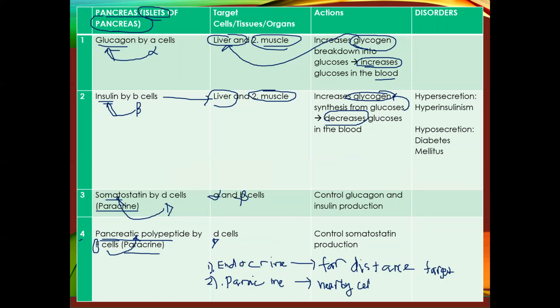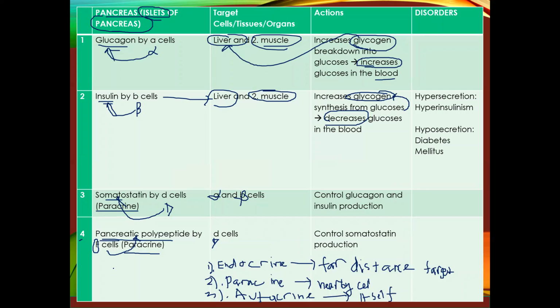So this hormone will not go to the bloodstream. And the last one is called autocrine. Okay, so for autocrine, the target is actually itself. So the gland produces the hormone, and it is used by itself.